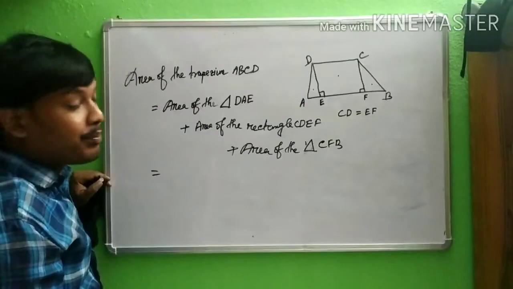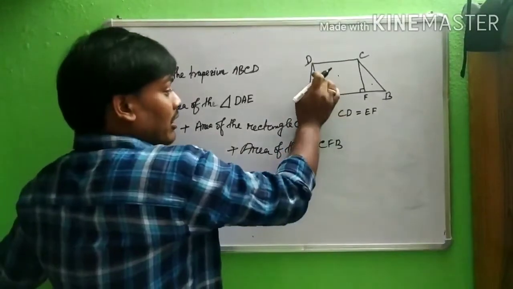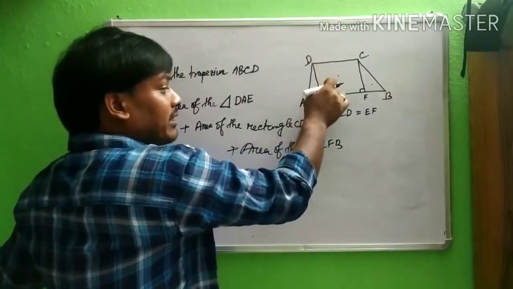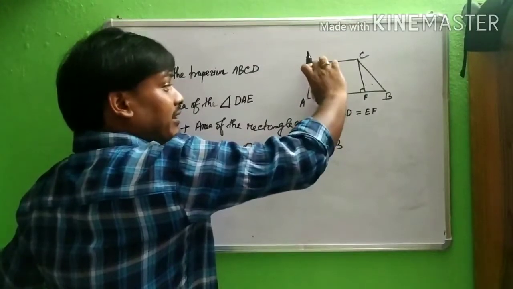Okay. So what is the formula of the area of a triangle? Half into length, base into height. Height means perpendicular distance, so it is the height.